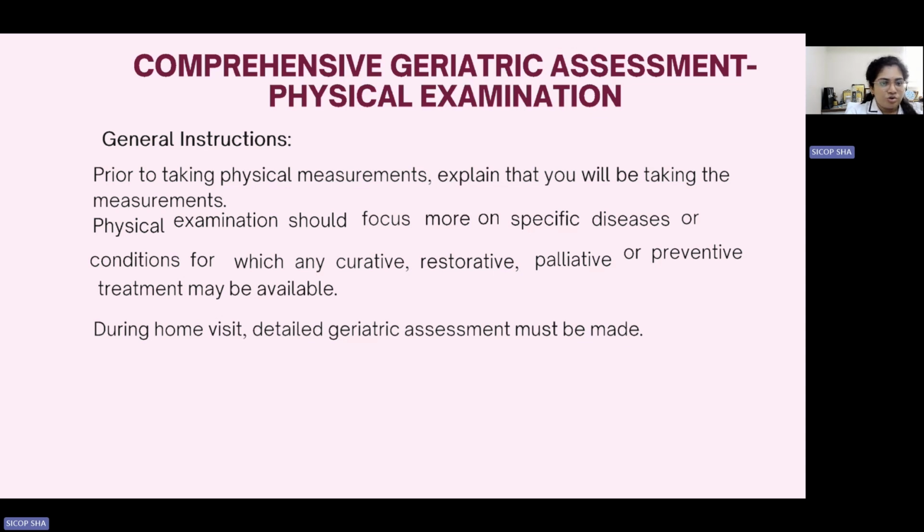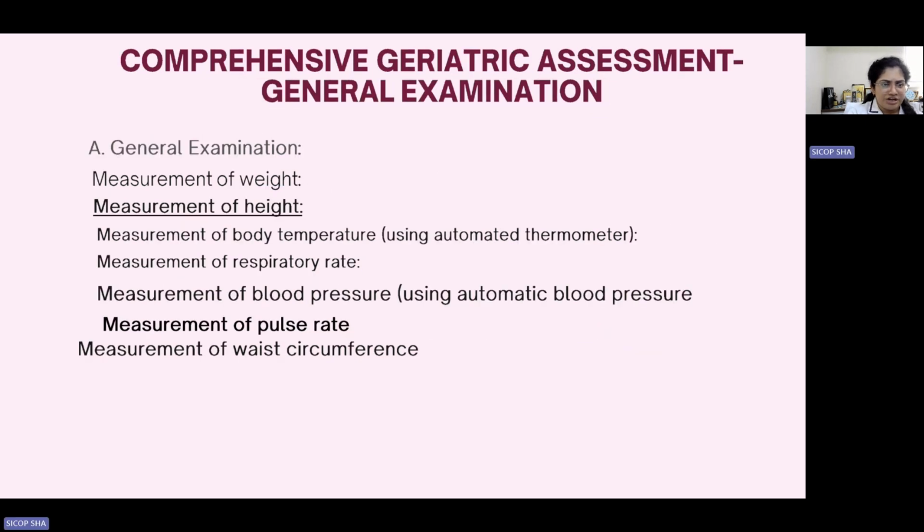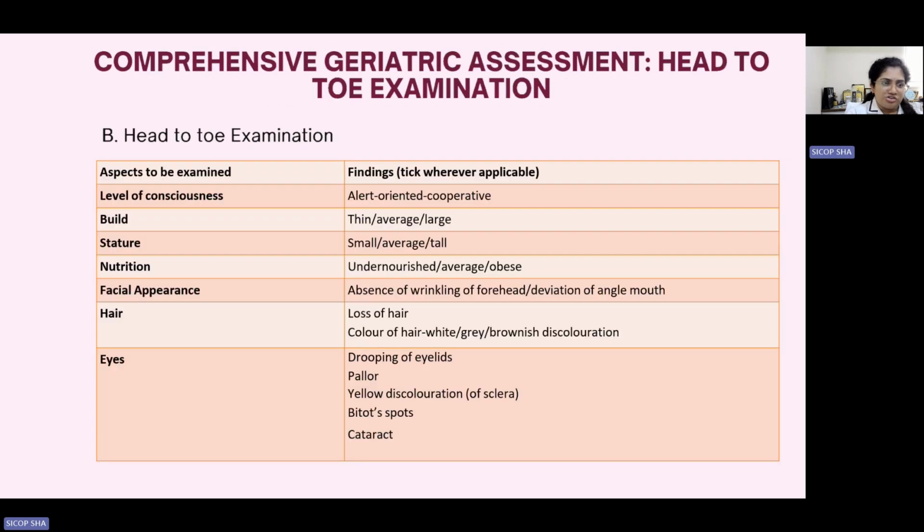Physical examination should focus on the specific disease or condition for which any curative, restorative, palliative or preventive treatment may be available, and a detailed geriatric assessment must be made. In the general examination, we measure height, weight, body temperature, respiratory rate, blood pressure, pulse rate, and waist circumference.